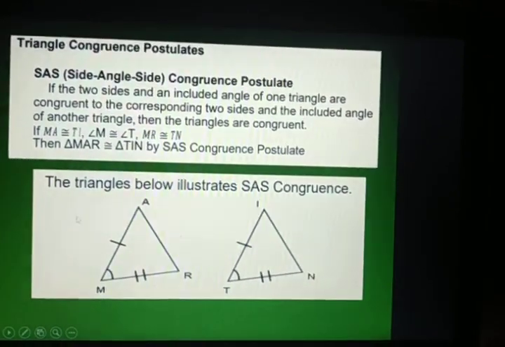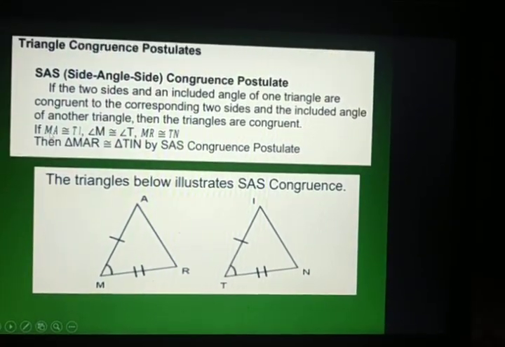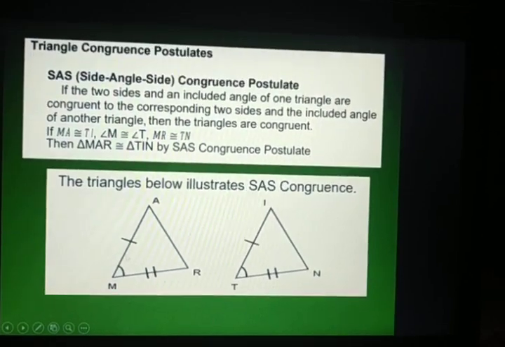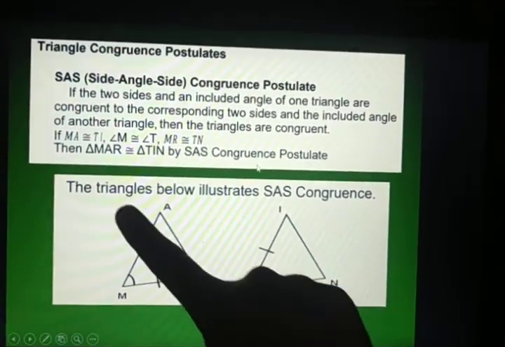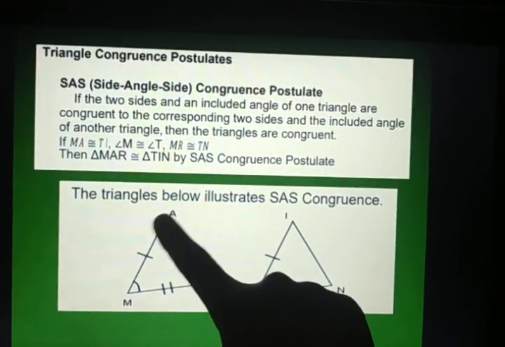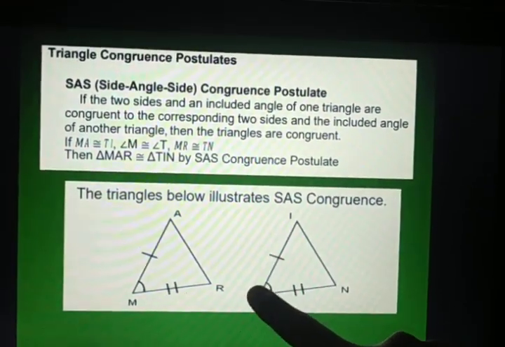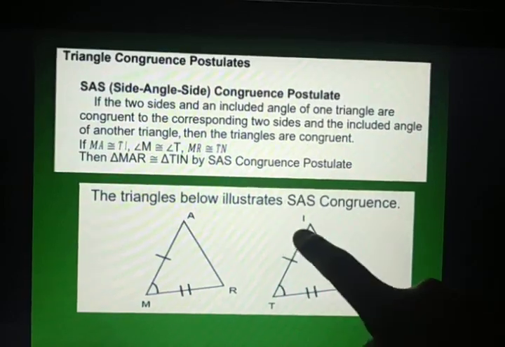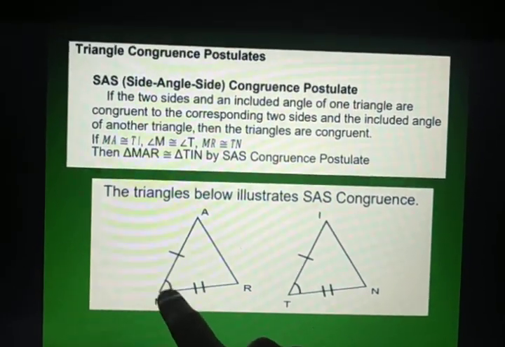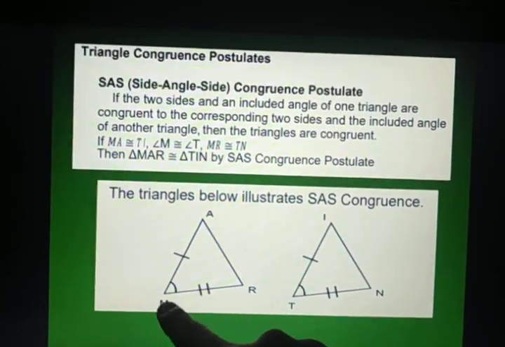Okay, so let us study this. If line segment MA, which was marked, is congruent with line segment TI, then may mark pagid angle M, an included angle na patungan siya bisang duwa ka side.